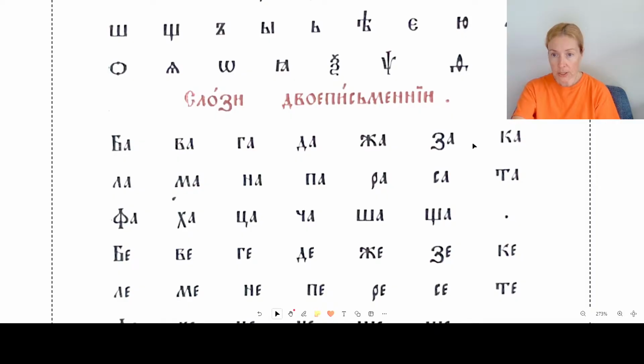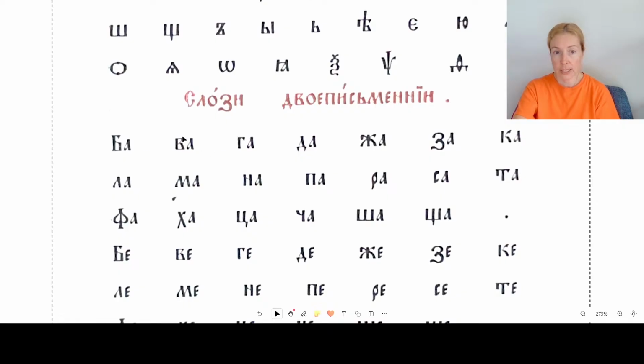As you can notice, we use the consonants of the alphabet in combination with the first vowel, which is az. And so we use the whole alphabet with that a, and we create those syllables. So the first is ba.